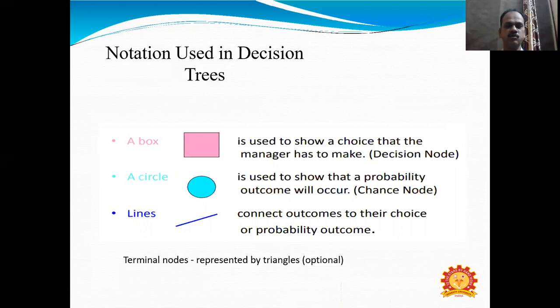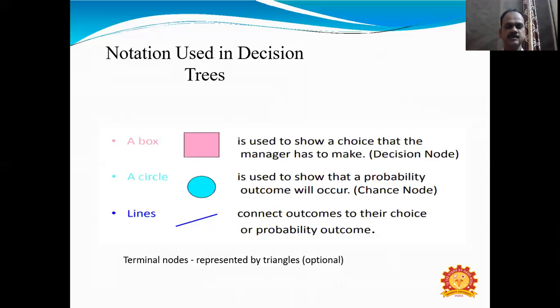If you want to make the partition at the left side, you should give the value 1. 1 means yes. If you want to make the branches at the right side, you should give the no value. No means 0. And lines connect outcomes to their choice or probability outcomes.